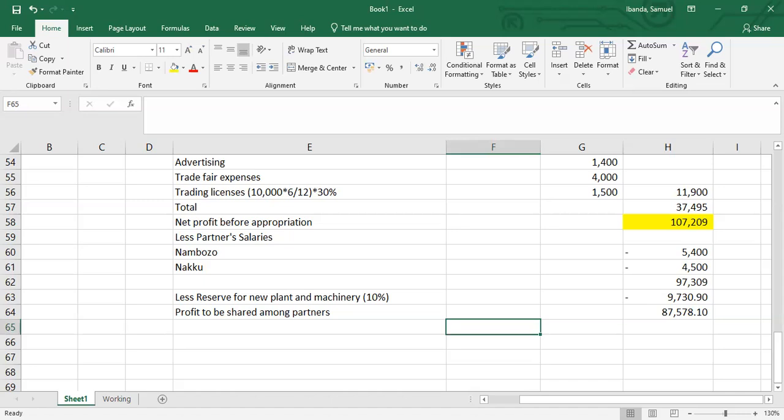So remember, they told us something when you come to here. They told us how these partners share profits. They told us that these partners share profits in the ratio of 3:2. Okay, so what this means is that Nambozo gets 3 out of 5, and Naku gets 2 out of 5. Remember, you have to first get the total ratio, which is 3 plus 2. And so when you translate in fractions, Nambozo will have 3 out of 5, and this one will have 2 out of 5 multiplied by the profit. Okay.